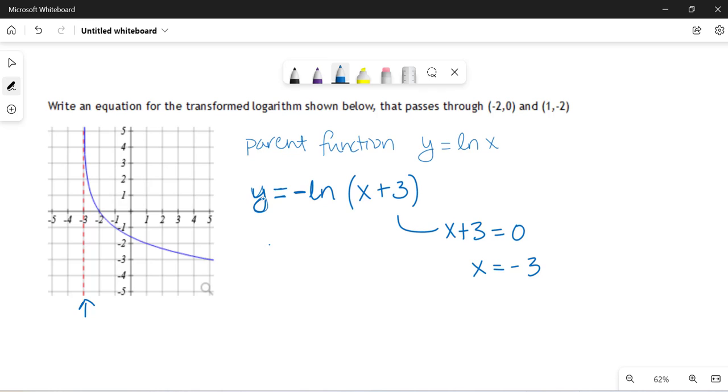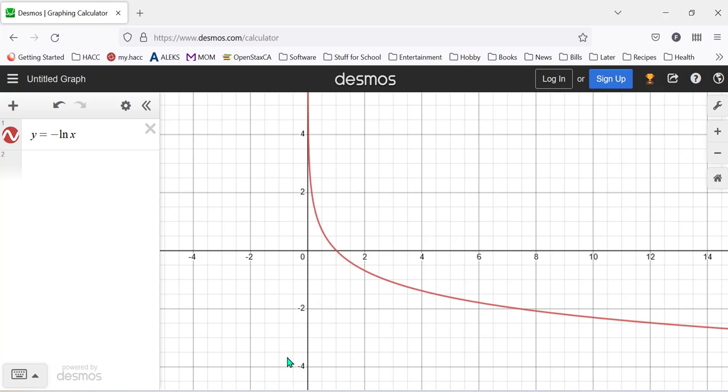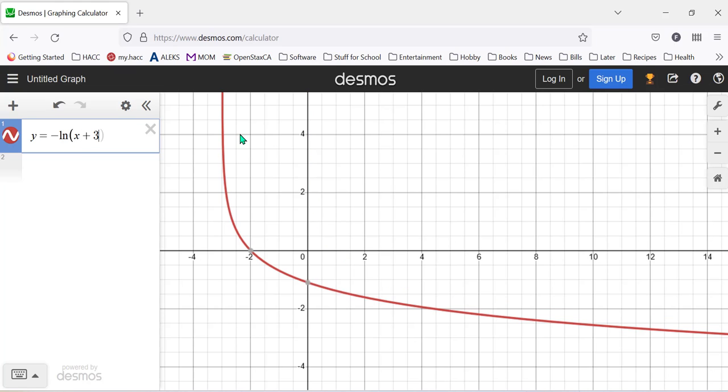All right, so let's look at our Desmos and see if we do this, if it looks exactly the same. Now, notice we should be going through these two particular points, so we want to double check that. So, parentheses x plus 3, close parentheses.